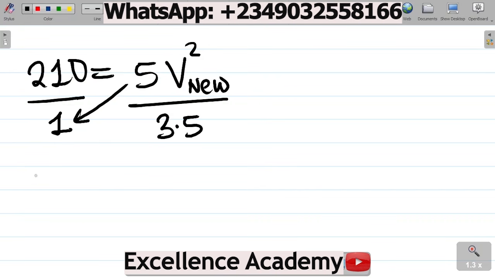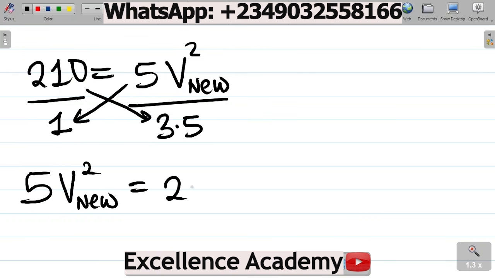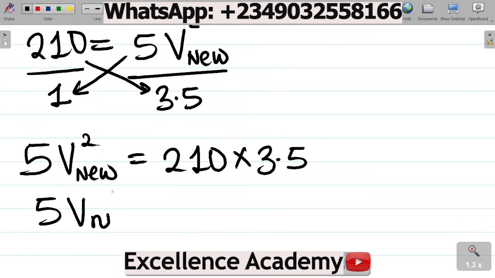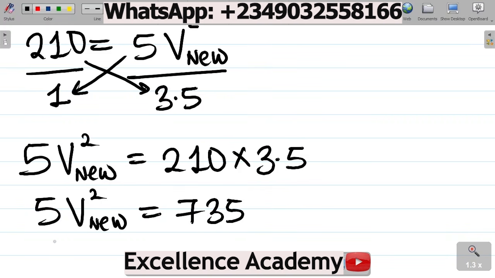So 5 v new squared is equal to 210 times 3.5, and that gives you 735. To get the value of v new squared, I'll divide both sides by 5.